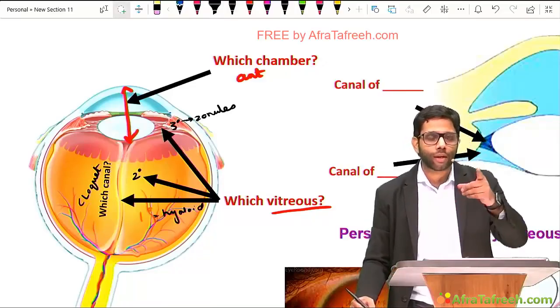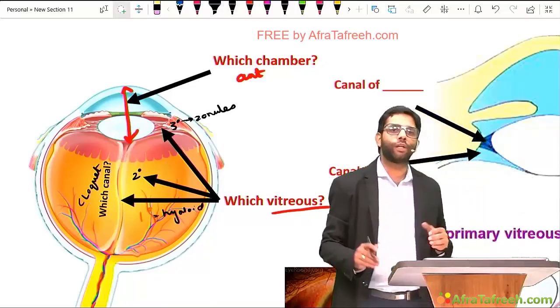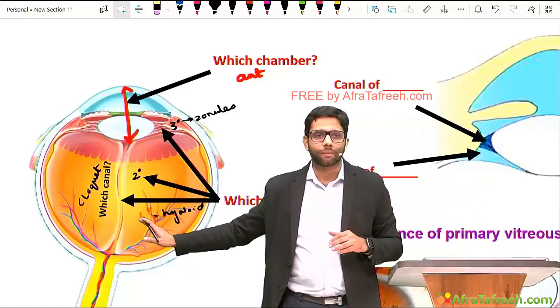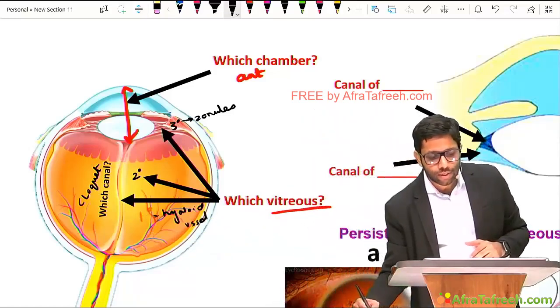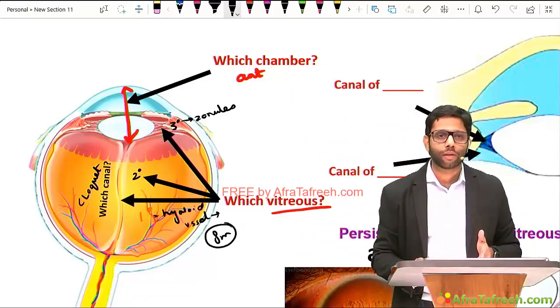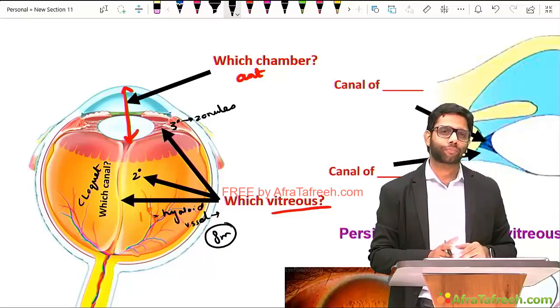So in your eye, in my eye, at this moment, we don't have primary vitreous, because primary vitreous hyaloid vessel, it degenerates by 8th month of embryonic life. It is not present at birth.